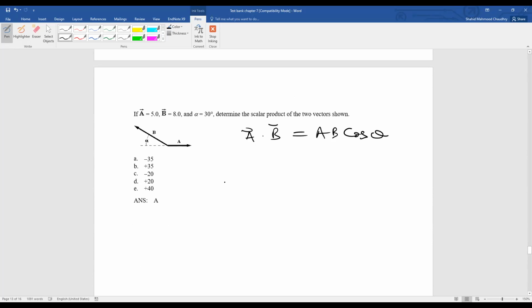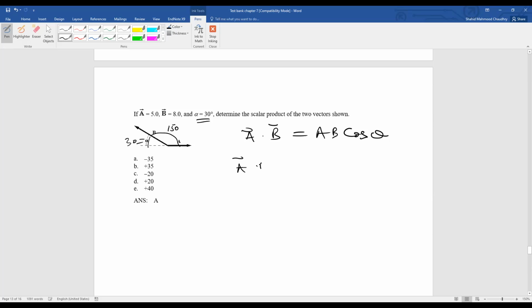In this problem, you will find A dot B, which is equal to AB cos of theta. The important thing here is the angle theta. The alpha angle is 30 degrees, so you can find this angle because this angle is 180 and it will be 180 minus 30. So this angle will be 150.